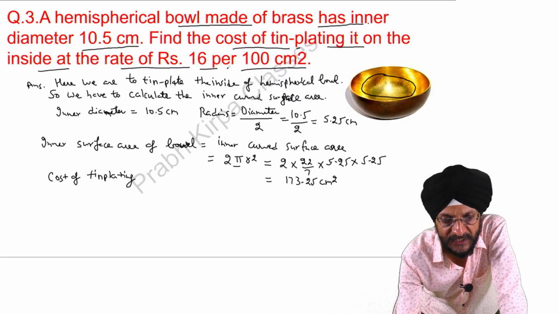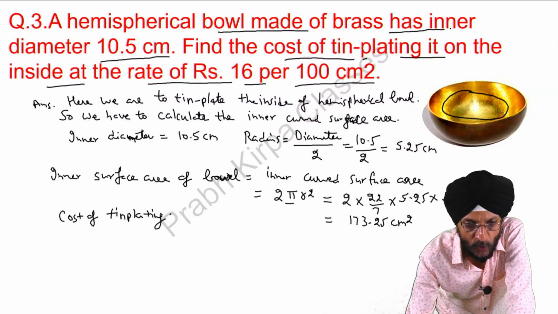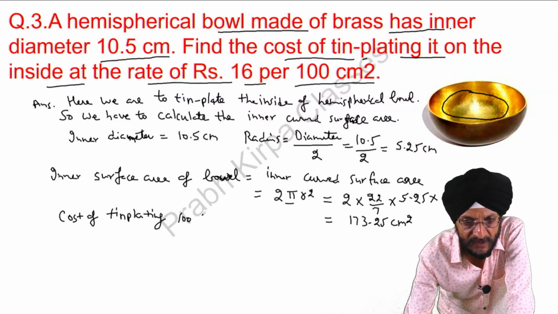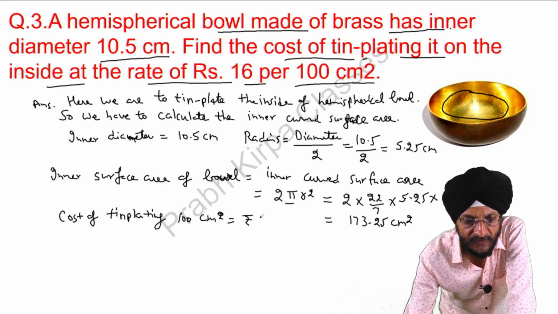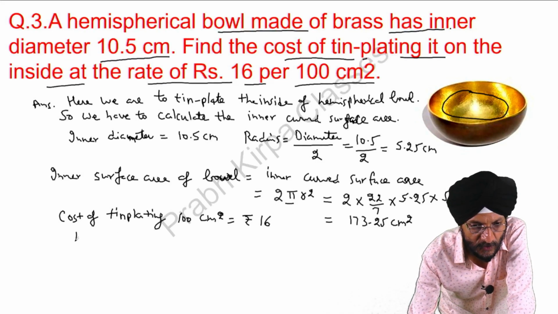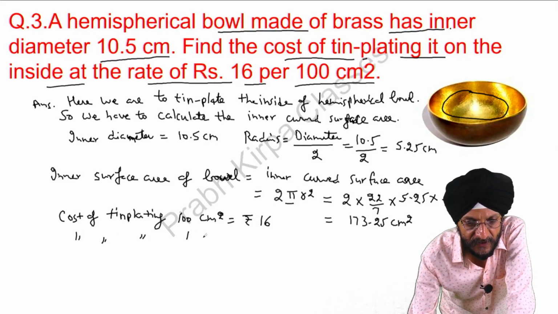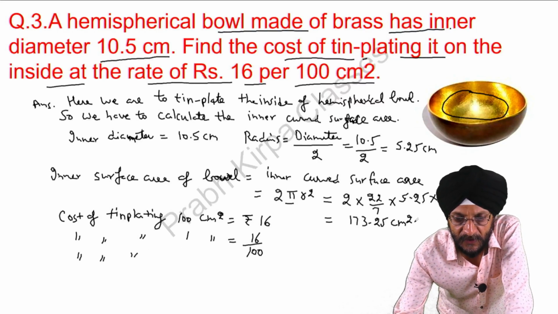It is rupees 16 per 100 square centimeter. The cost of tin plating 100 square centimeter is equal to rupees 16. The cost of tin plating 1 square centimeter is 16/100.